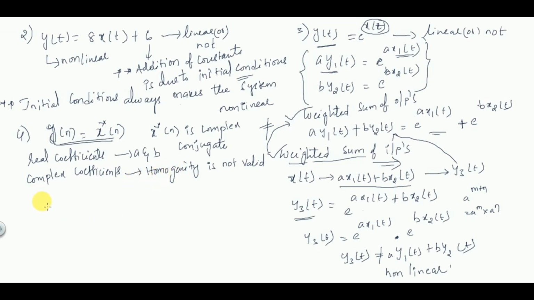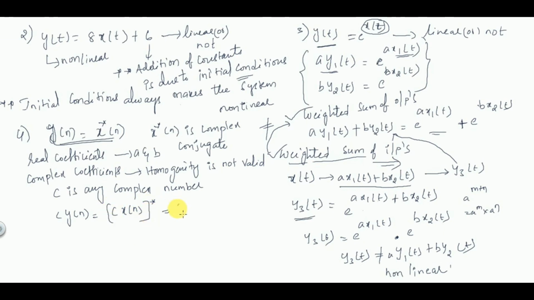That means if C is any complex number, then C into y of n is equal to C into x of n whole star.